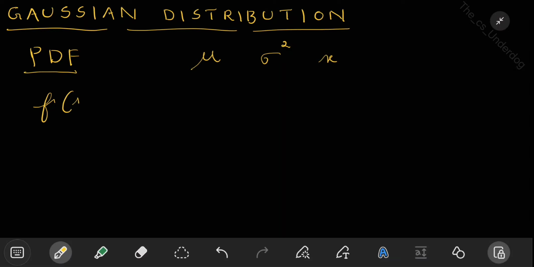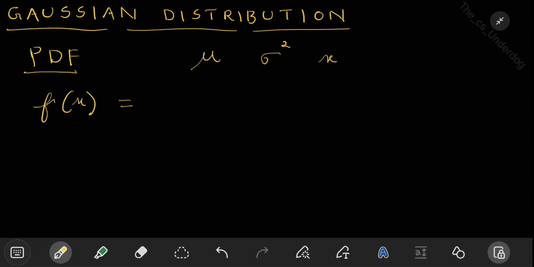So in the previous cases, Bernoulli or binomial, we were able to logically understand the formation of the probability density function. But coming to Gaussian, you won't be able to logically identify or understand the probability density function because it's not that simple.